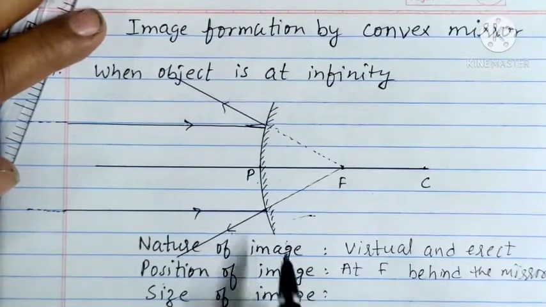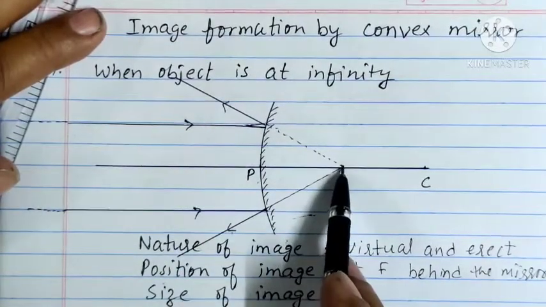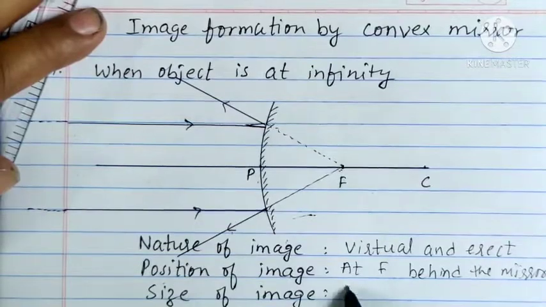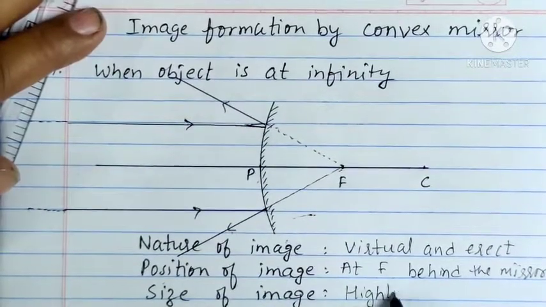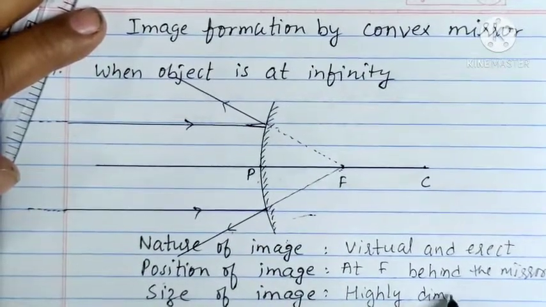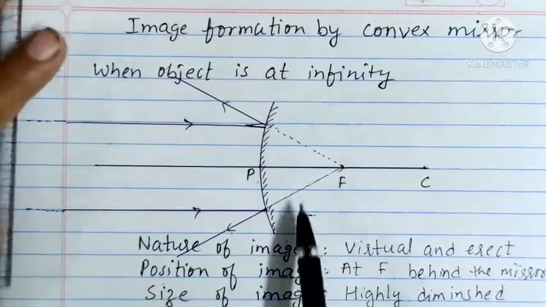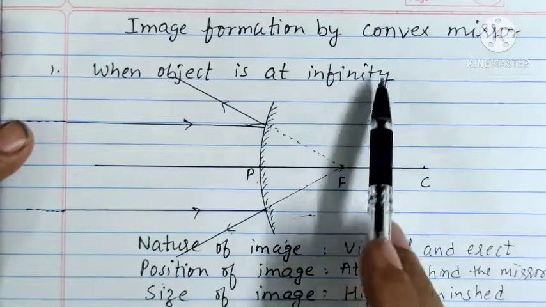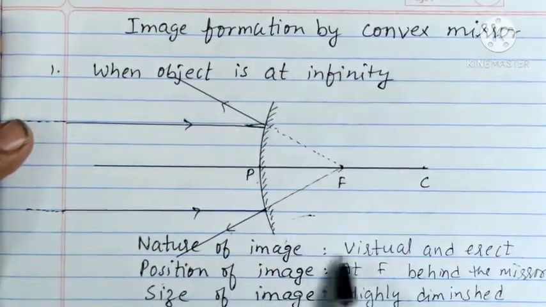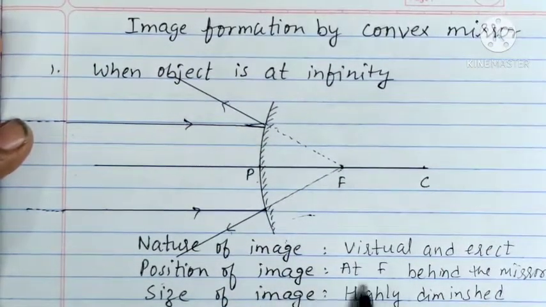As you can see, it is coming to a point here, so a highly diminished image is formed. So when the object is at infinity and the image is formed by the convex mirror, the nature of image will be virtual and erect, position of image will be at focus behind the mirror, and the size of image will be highly diminished.